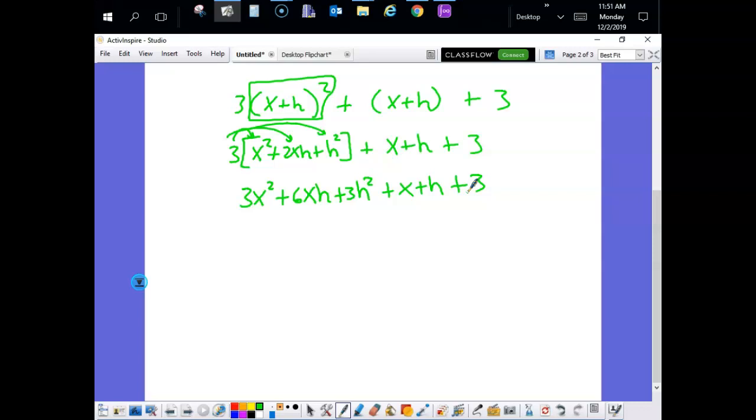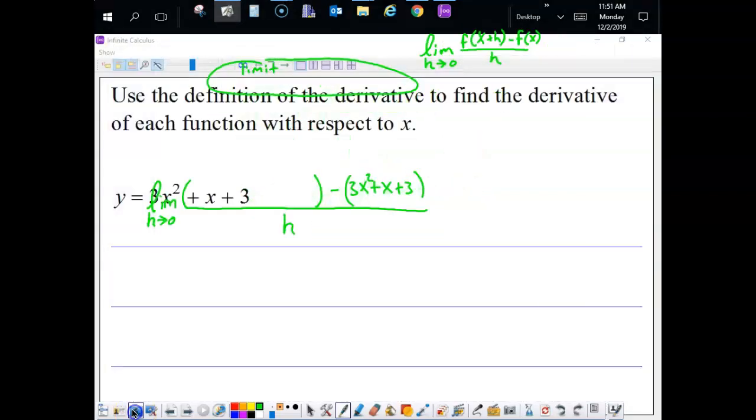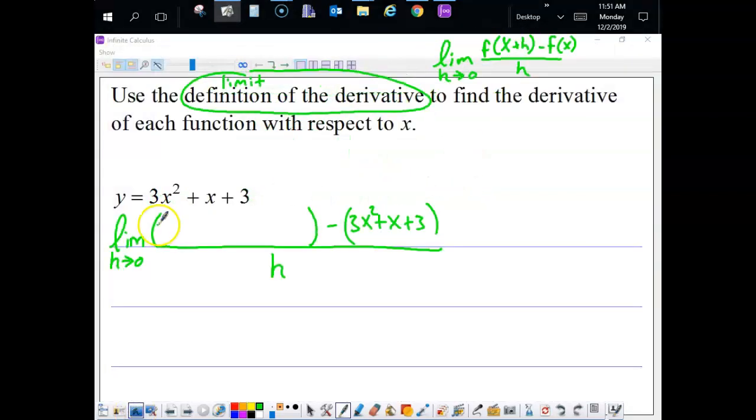They all look different. So I'm going to do my best to remember that and transfer it over to the next page. Here we go. So it was 3x squared plus 6xh plus 3h squared plus x plus h plus 3.